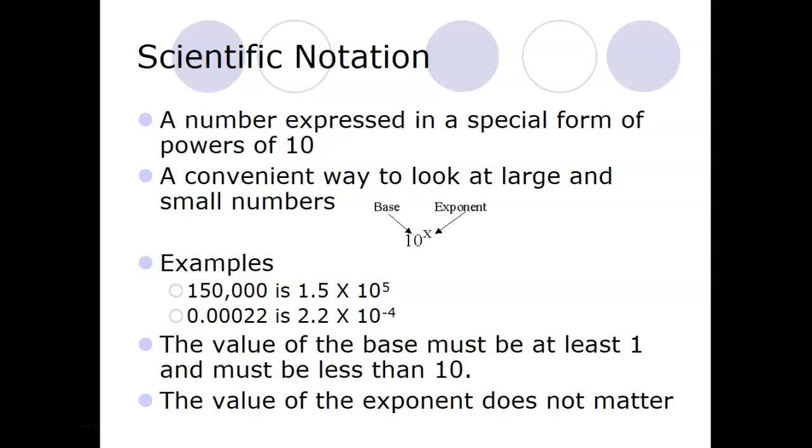So the number in front of the decimal will go between 1 to 9. Number in front of that decimal will fall between the numbers 1 and 9. Everybody follow me so far?